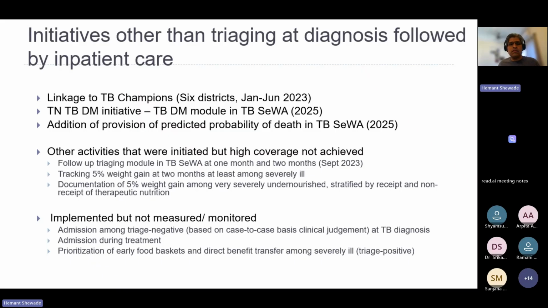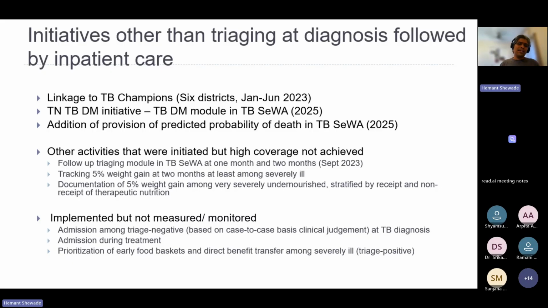But we never crossed 35% coverage of follow-up triaging at 2 months. Therefore, tracking of 5% gain at 2 months and tracking of 5% gain among very severely undernourished, we were not able to do. We actively implemented certain initiatives, but we actively decided not to measure or monitor them to reduce the data burden. That is admission among triage positive.